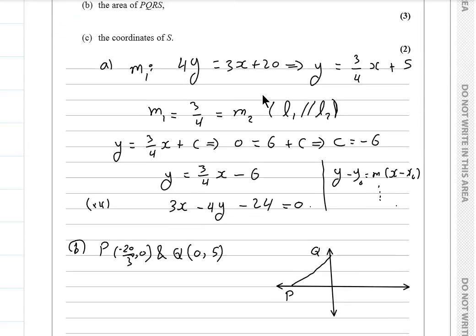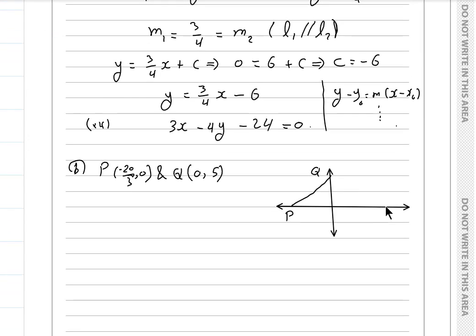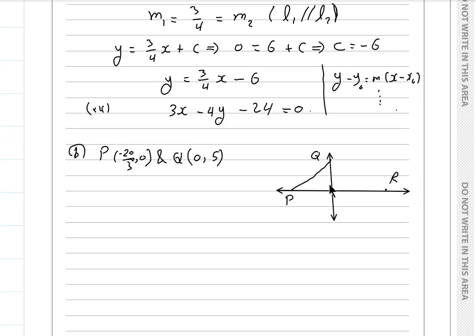This is R, maybe 8 and 0. And then we have PQRS is a parallelogram. Of course, it should go down with the same slope here, like this. This is the parallelogram, and you want to get its area.